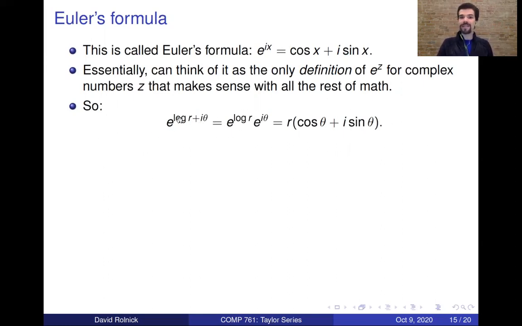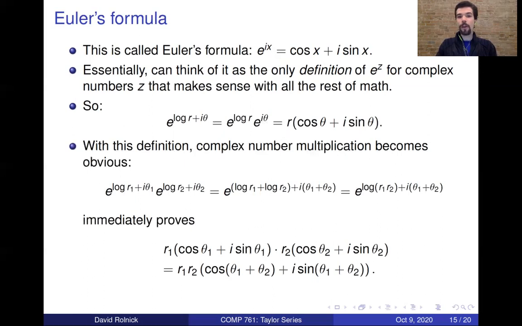You can write this as e to the log r plus i theta, because e to the log r is just r, times e to the i theta, which is just cosine theta plus i sine theta. This is another way to write any complex number as e to another complex number. Okay. Why is this interesting?